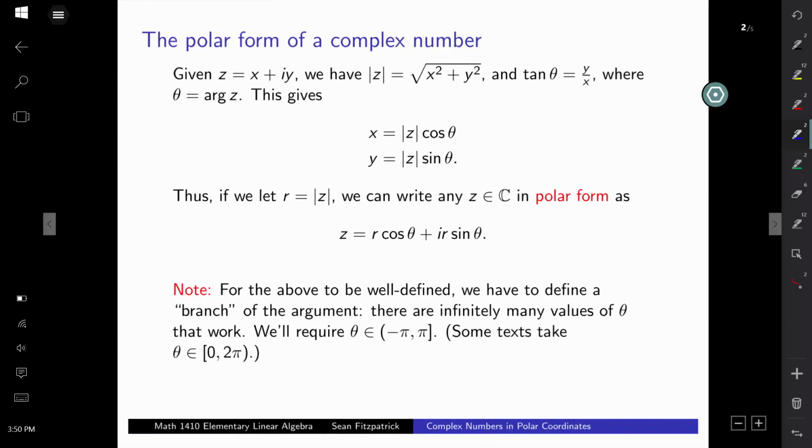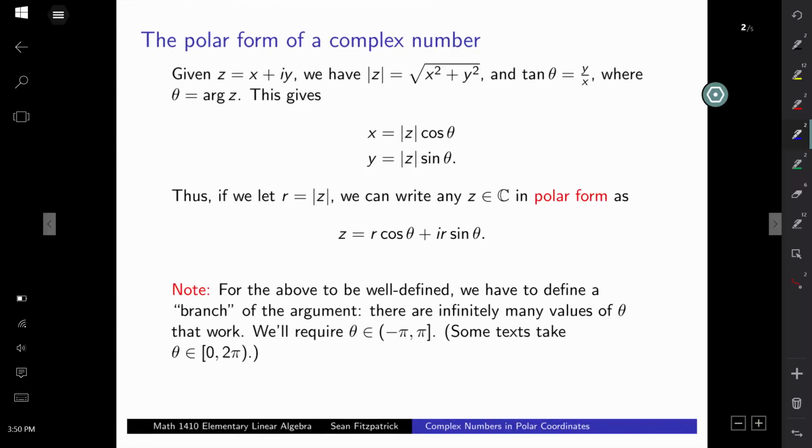Okay, so as I mentioned, we have the modulus of the complex number written here. We have the argument theta, which satisfies this relationship: tan theta is equal to y over x. And if you think about the polar coordinate conversions that we dealt with a couple of videos ago, this tells us that we can write x and y in terms of the modulus of z and in terms of cos theta.